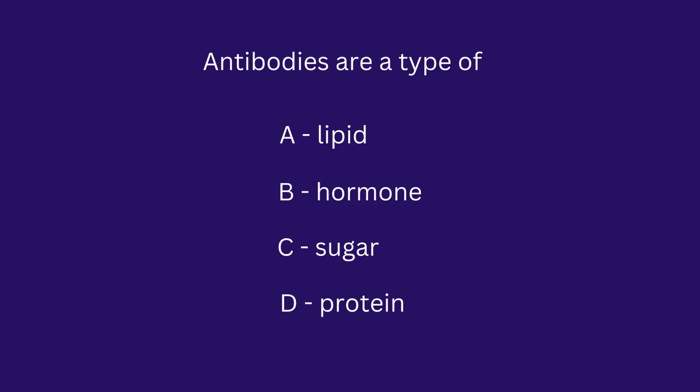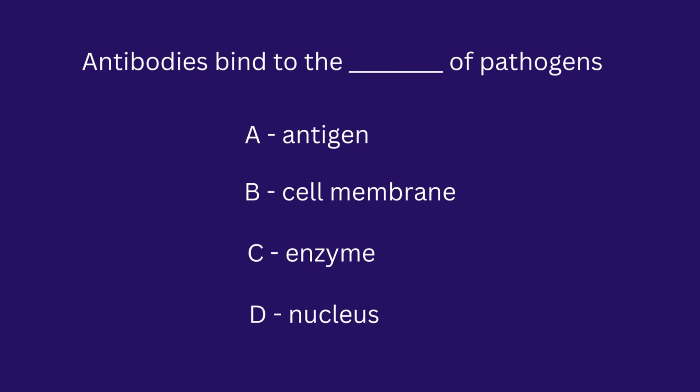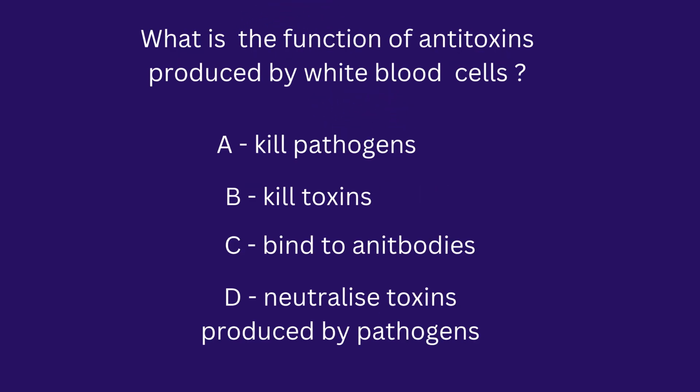Antibodies are a type of, very good, protein. Antibodies bind to the dash of pathogens. Very good, antigen. What is the function of antitoxins produced by white blood cells? Very good. Neutralize toxins produced by pathogens.